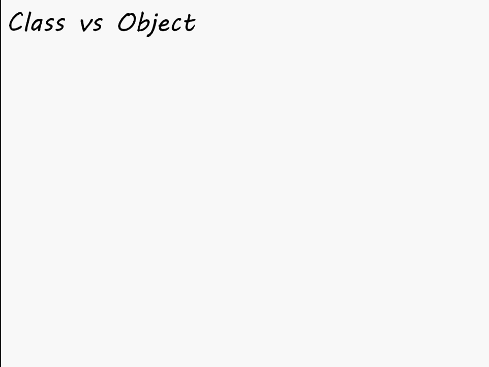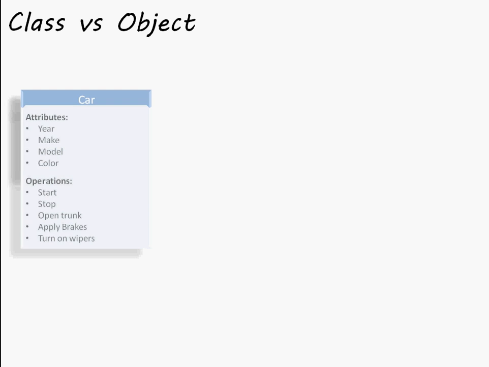To better illustrate the difference between a class and an object, take a look at this example. Like I said, car or any class is a template or a blueprint of that class of objects. In this case, here is the template of a car.